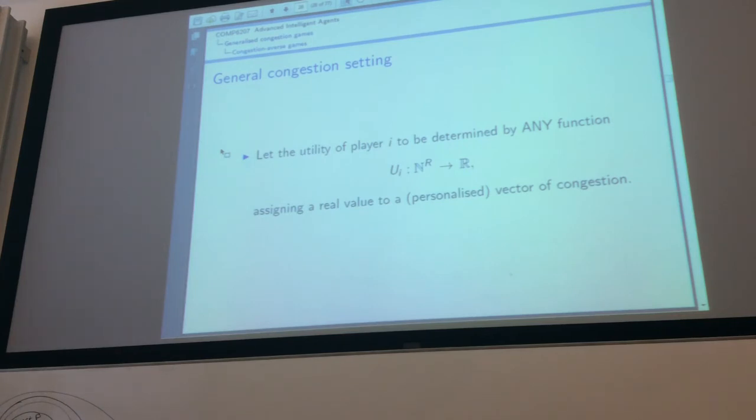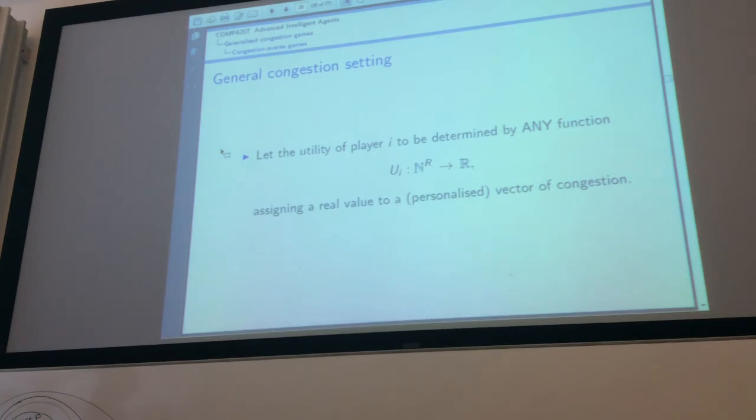And now assume that instead of defining the utility per resource and taking the linear sum of those utilities for each agent, we just take the personalized congestion vector of each agent, the whole vector, and there is some utility function that translates that personalized congestion vector into a real value in whatever way that we denote.